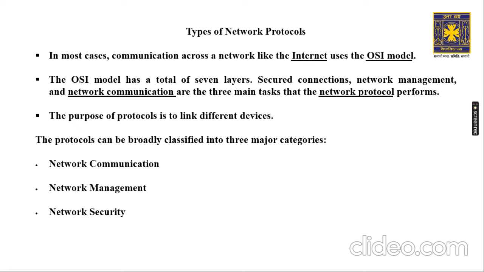So what are the different tasks of this OSI model? Secured connection, network management, and network communication. The protocols present in the OSI model perform these 3 tasks. The purpose of a protocol is to link different devices. The protocols can be broadly classified into 3 major categories: network communication, network management, and network security.